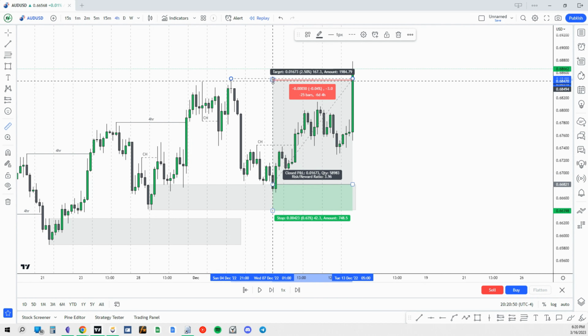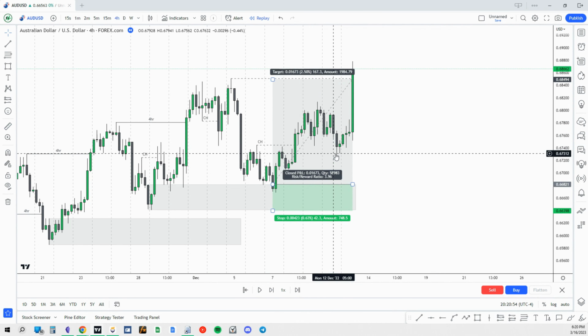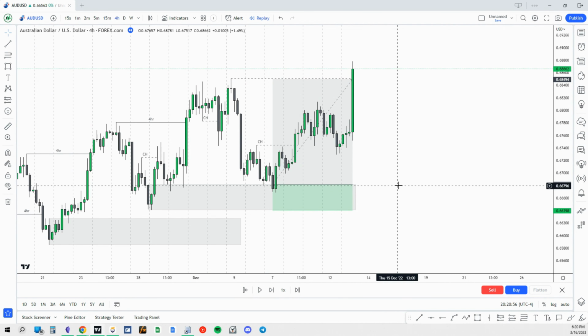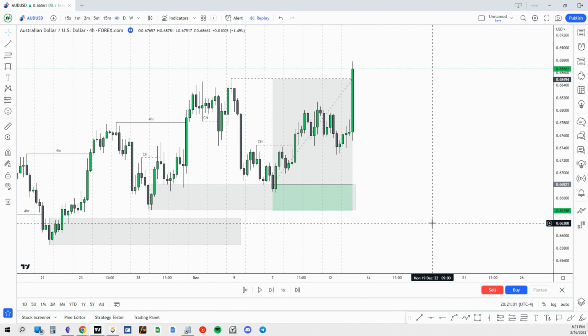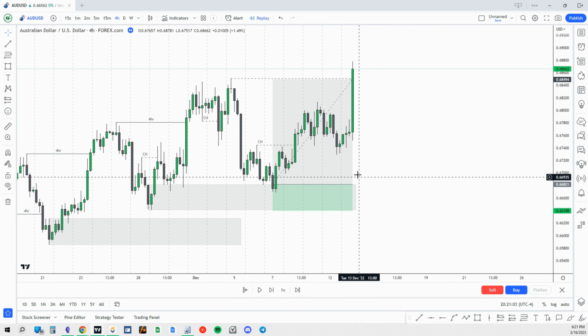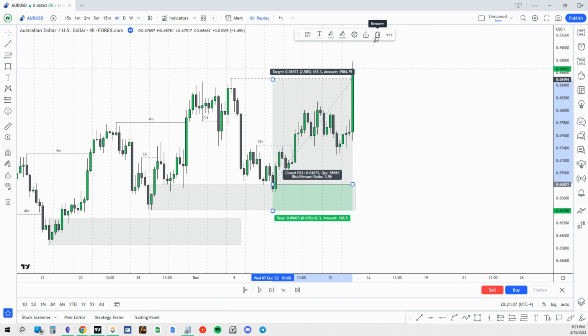Obviously that's a swing trade, and I don't have the patience to do this on a 4-hour chart, but that's why I like to remind everyone that it does work on any time frame and any chart. It doesn't matter.